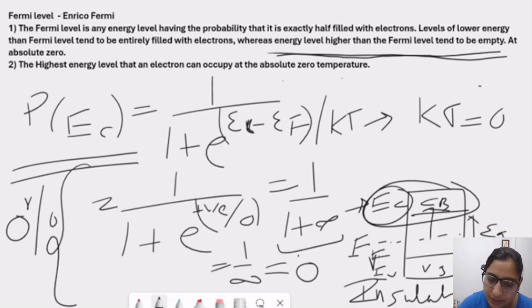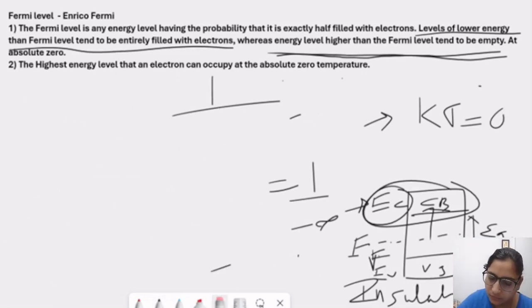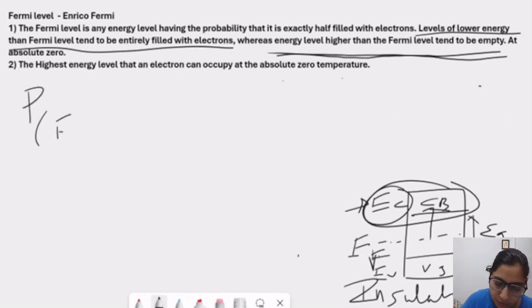Now we will study the second case, that levels lower energy than the Fermi level tend to be entirely filled with electrons. See the second case here. Okay, now in second case we will consider the energy of valence band.